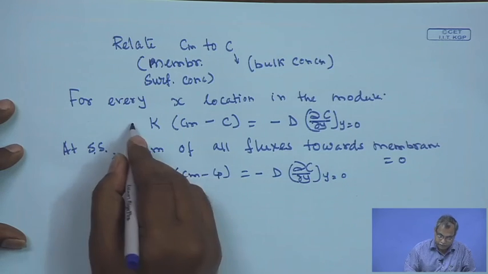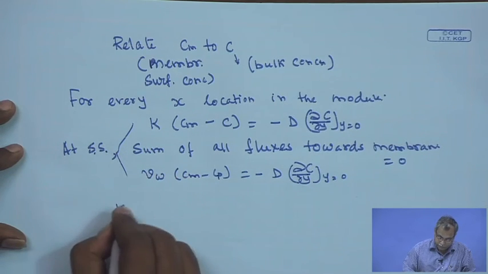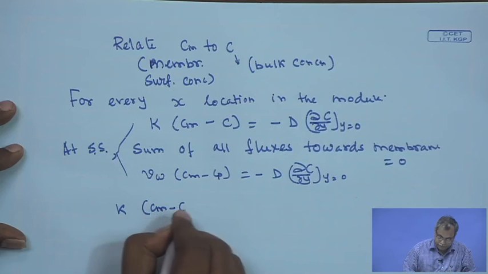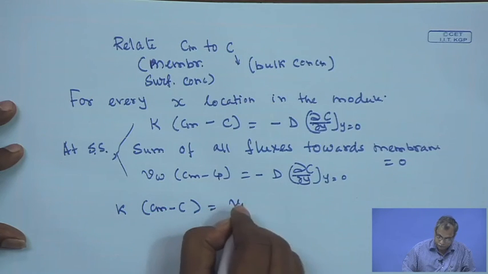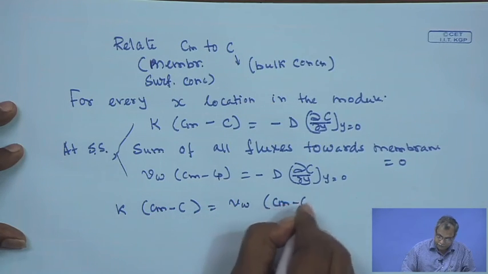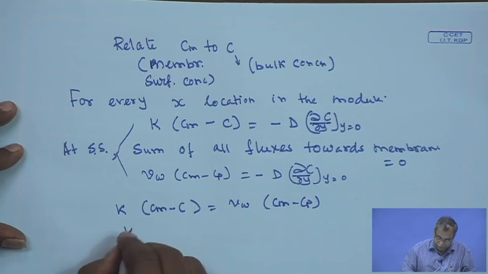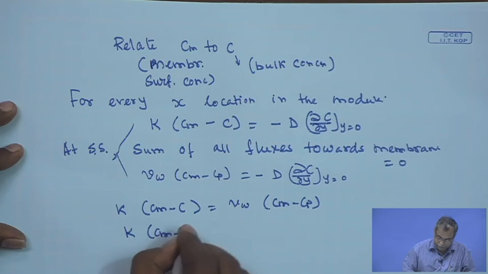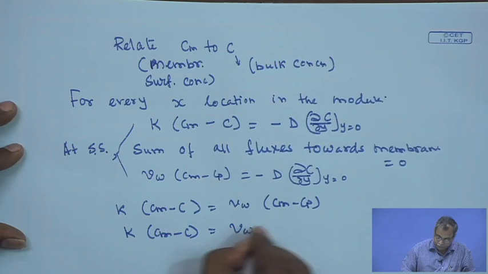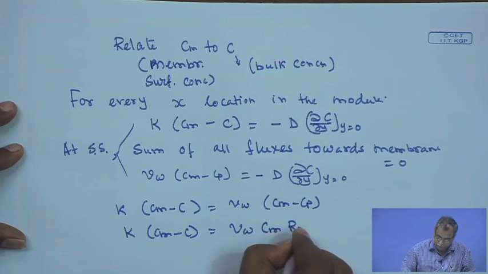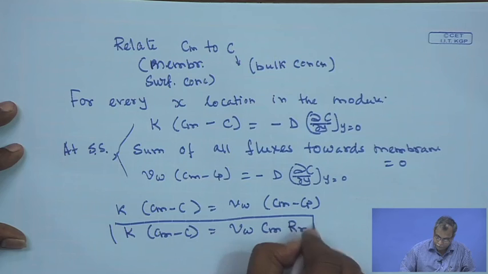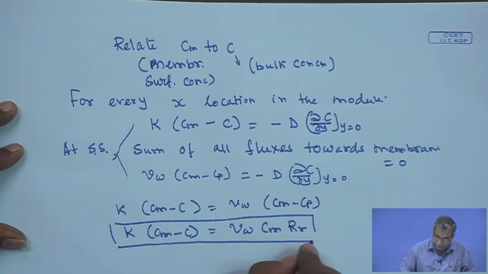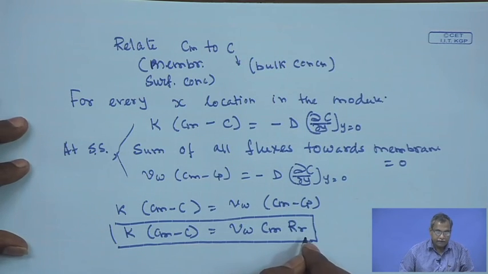Therefore, we can equate these two and we will be getting k (Cm minus C) is equal to VW (Cm minus Cp). This can be replaced, VW (Cm minus Cp) can be replaced in terms of real retention. So, this becomes VW Cm RR. Okay. Now, we will be getting this algebraic equation to be solved at every step.